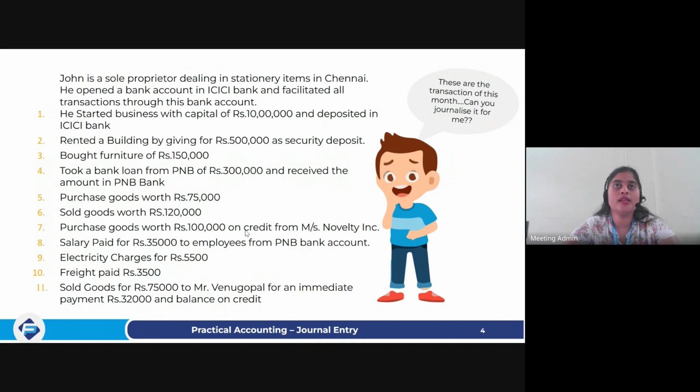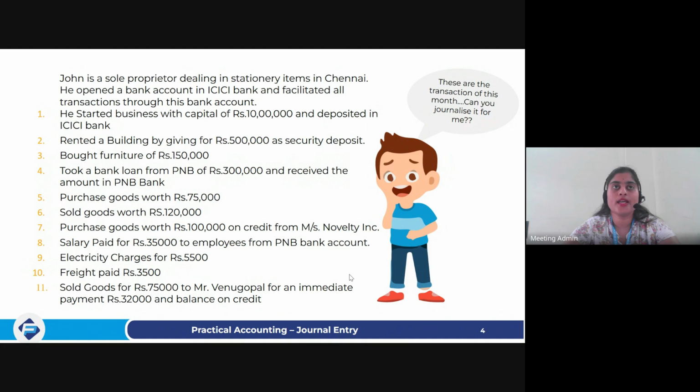Credit means paying later. So they will buy particular products and pay later. So purchase goods of rupees 1 lakh. You will mention purchase account debit to Mr. Novelty Inc. account.